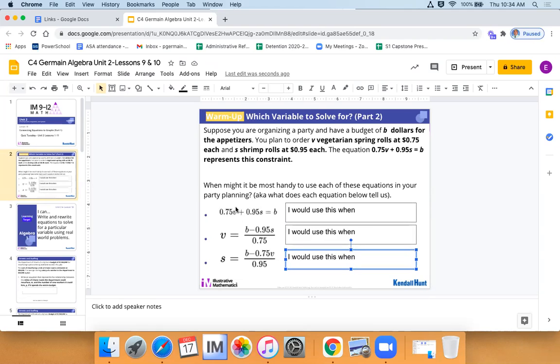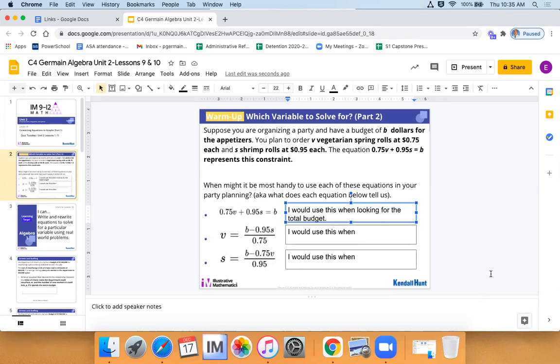When we know the number of veggie rolls and the number of shrimp rolls, we would use this equation to solve for the total budget of the story. Budget is one of those words: B-U-D-G-E-T. Perfect.